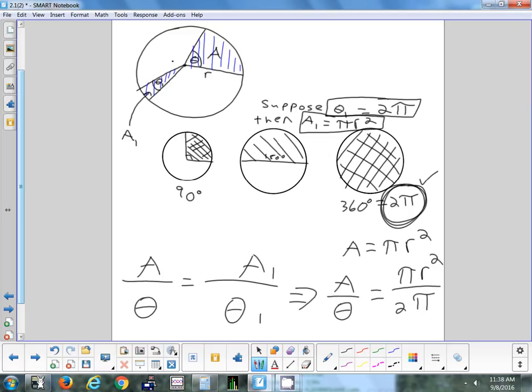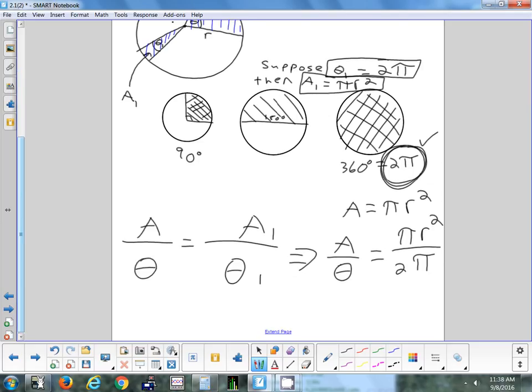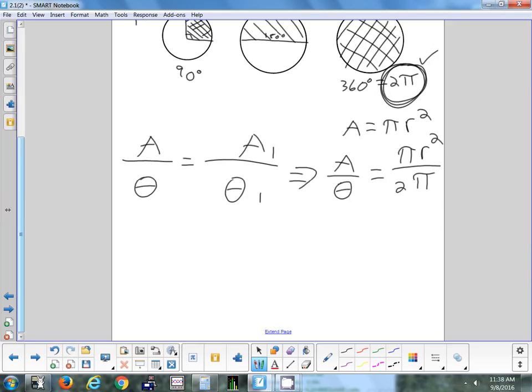What was the technique we used last time to solve a proportion? Yeah, we're going to cross multiply. But before we even do that, does anybody see something I can cancel out here? You have pi in the top, pi in the bottom, so you can cancel that out. Now I'll cross multiply with what's left.